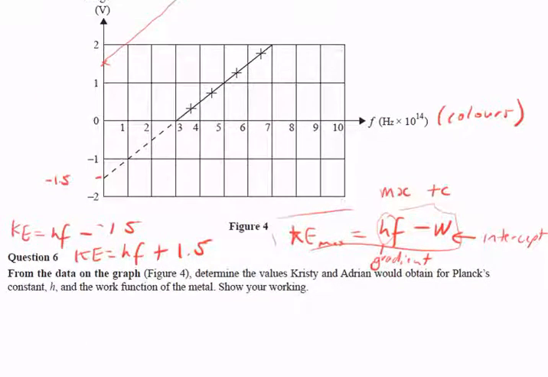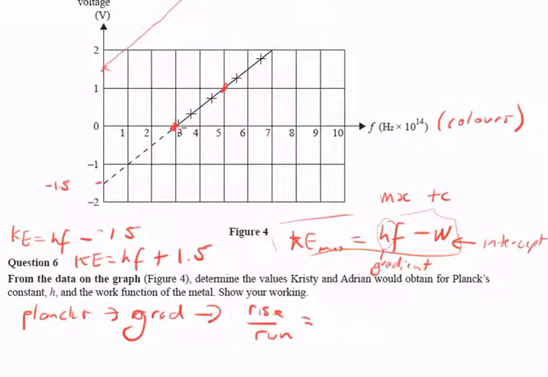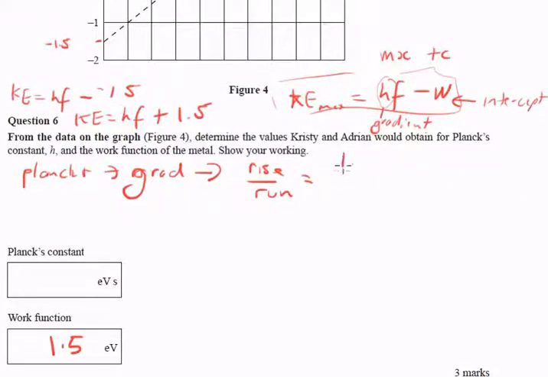I'll write the gradient now. Let's just pick 2 points and we'll go from there. So, well, this is an easy point here, and this is an easy point here, because they go through 2 lines. So gradient, Planck's constant is the gradient, which is rise over run. So how much does it rise by from going from here to here? It rises by 1 voltage, 1 volt. That's 1.